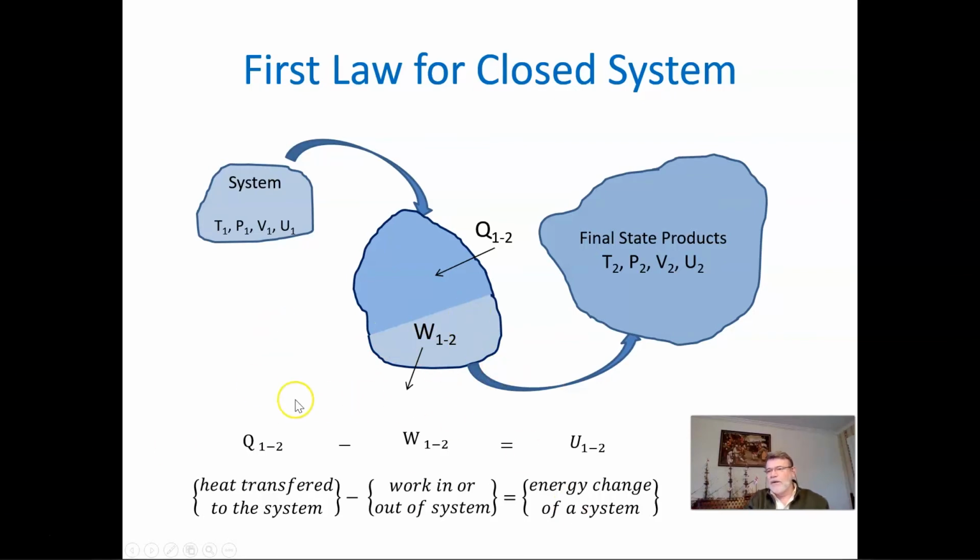So when you look at the formula, the difference of heat transferred to the system and work in, work out of the system is the energy change of the system, U. It's really this change of energy, U, that's going to be responsible for going from this point, T1, P1, V1, U1 to that point, T2, P2, V2, U2. V2, I'm sorry, T2, P2, V2.